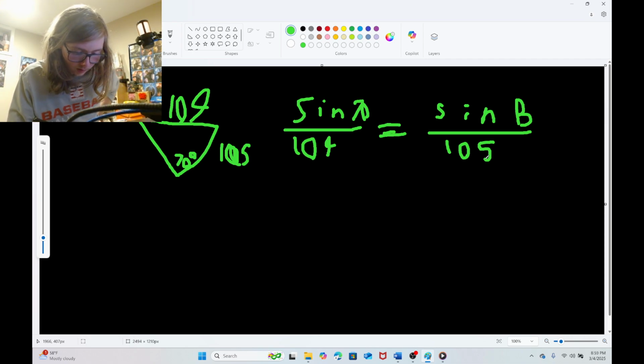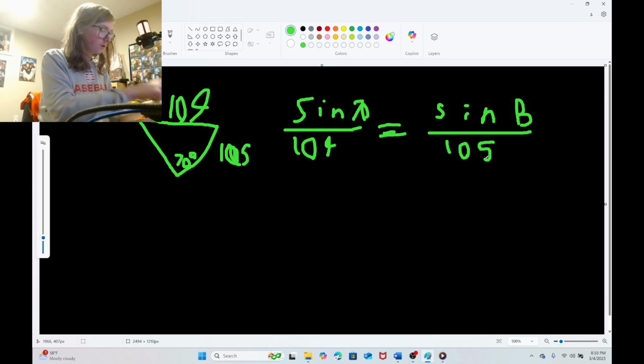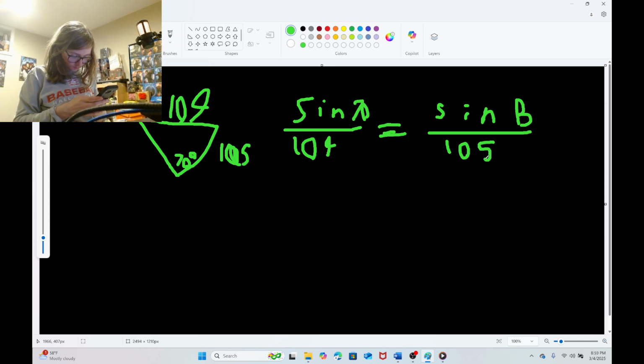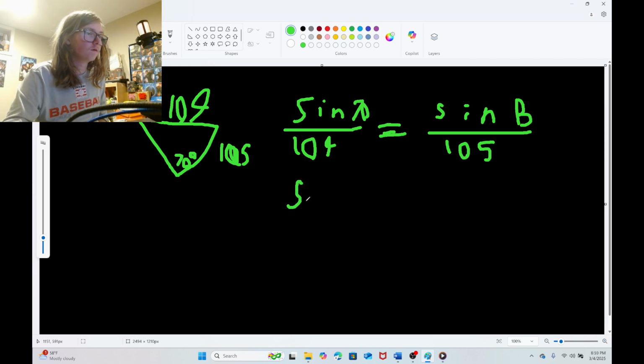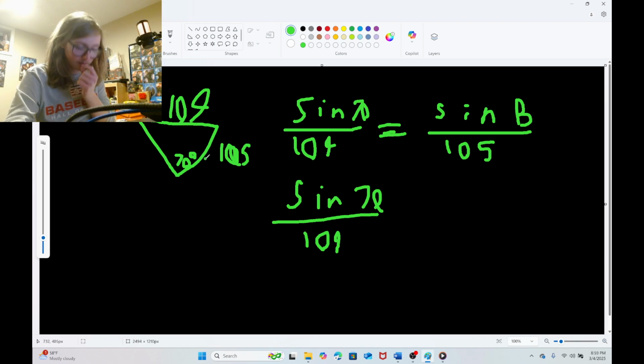telling us that angle C is 45 degrees. Which means now we're going to have the sine of 70 over 109. Oh yeah, let's go write down these degree measures. This is 65, 45.